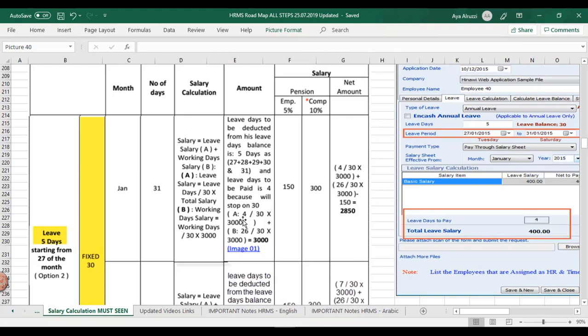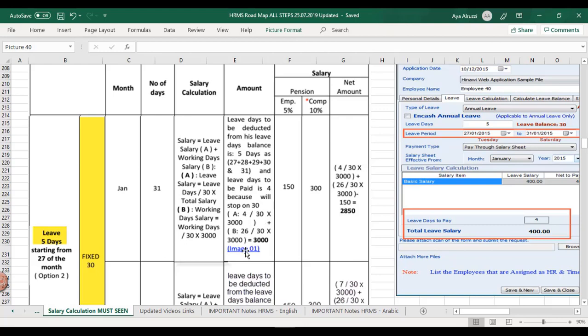That's it, without 31. And 5 days of balance will be deducted and multiplied, of course, by the total salary, which is 3,000, plus part B, which is 26 divided by 30.